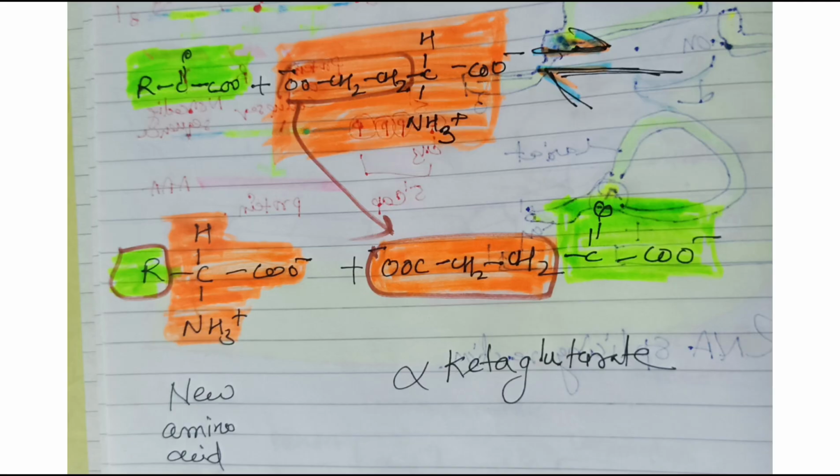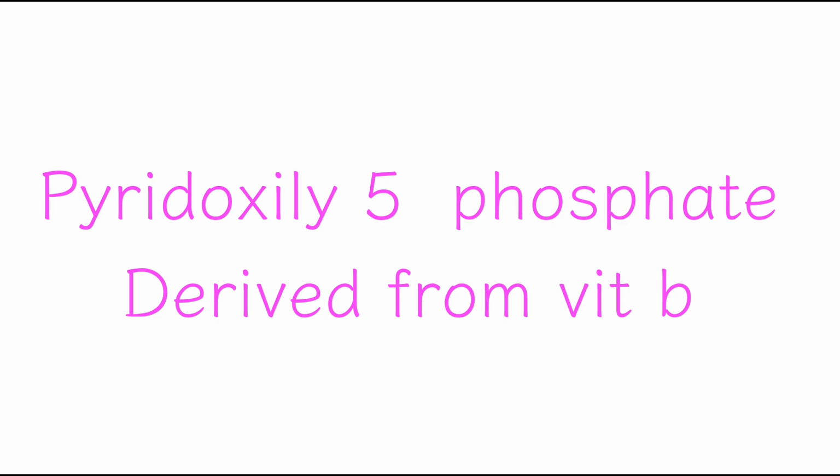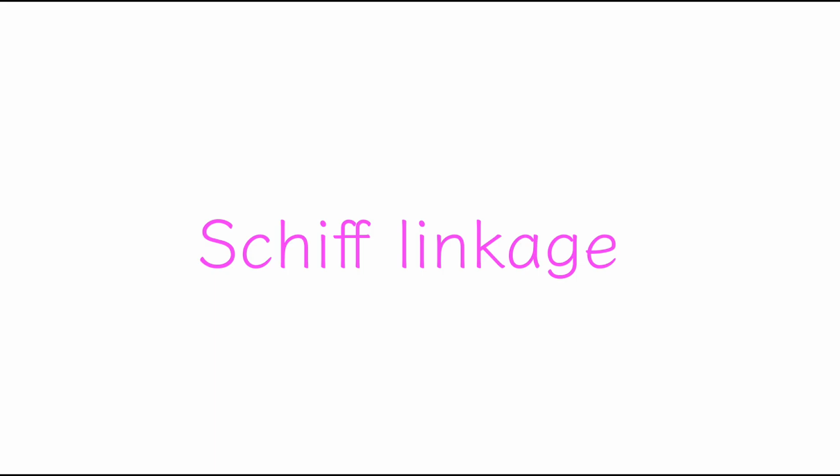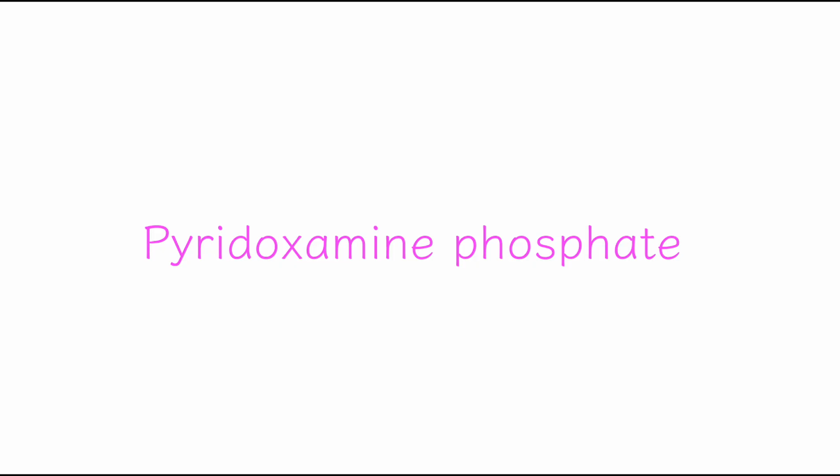So aminotransferase requires an aldehyde-containing coenzyme like pyridoxal 5-phosphate, and it is derived from vitamin B6. So this pyridoxal 5-phosphate is attached to the enzyme via a Schiff base linkage, which is formed by the condensation of the aldehyde group with an amino group.